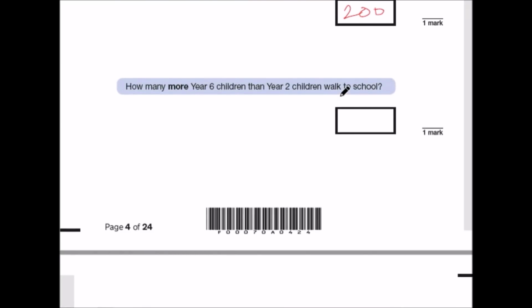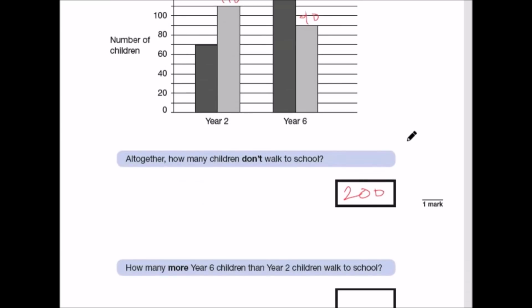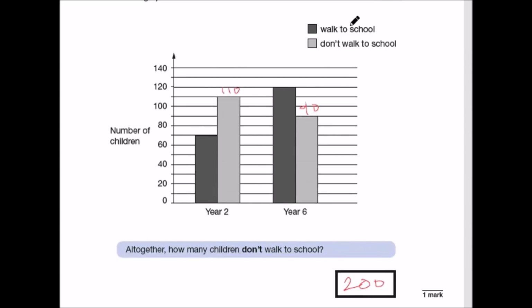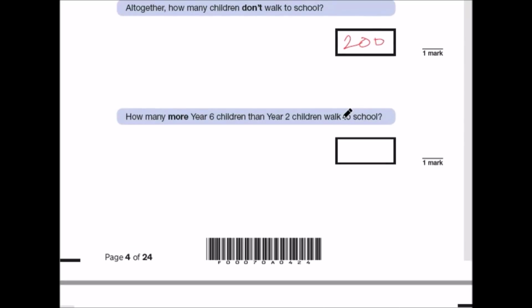Now, how many more year 6 children than year 2 children walk to school? So we're looking at walk to school again. Okay. So how many walk to school? So we can see over here that we have exactly 70. So remember, the dark shaded is the one. Whereas for year 6, we have 120. So we ask ourselves, what is the difference between 120 and 70?